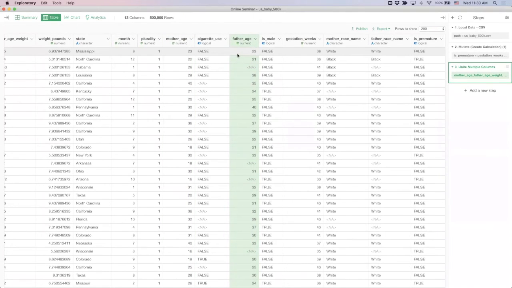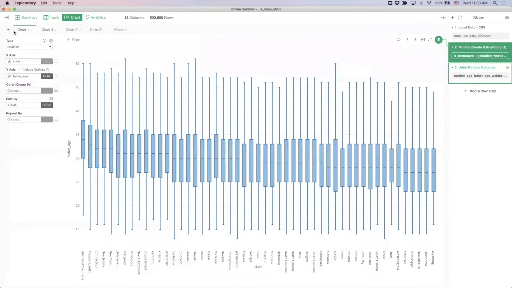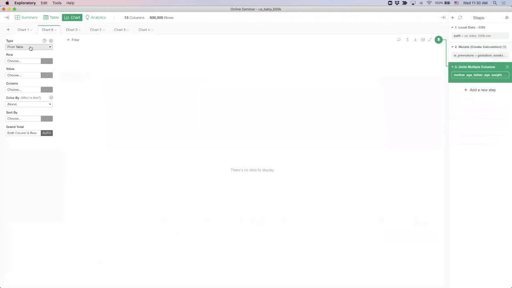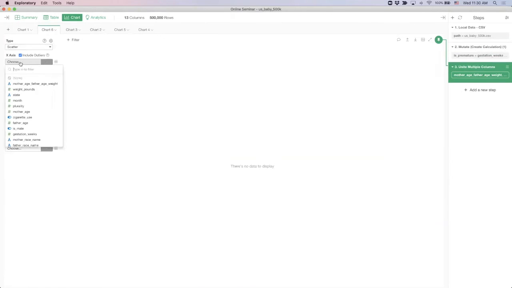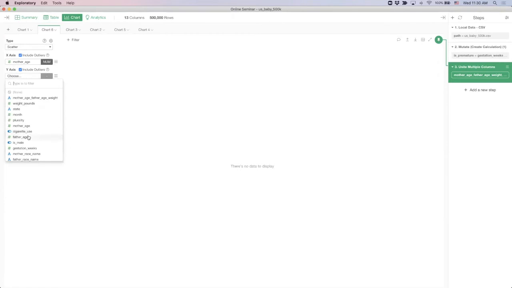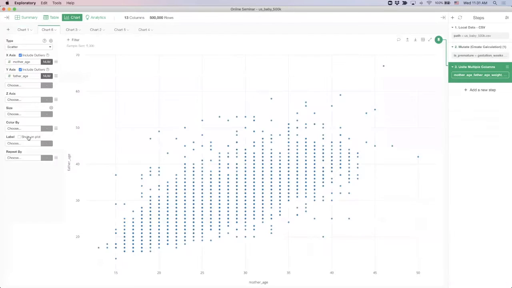I'm going to start gradually. We're going to focus on mother age and father age, and we know mother age and father age are sort of correlated, as you can imagine. So let's say mother age and then father age, and this is a scatter plot. It kind of goes like this: the higher the mother age, probably the higher the father age, and vice versa.